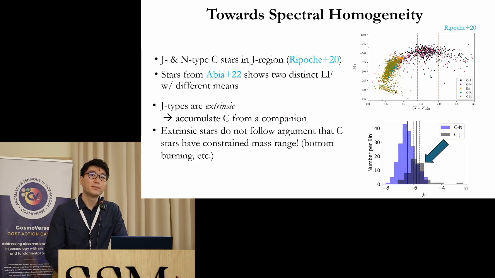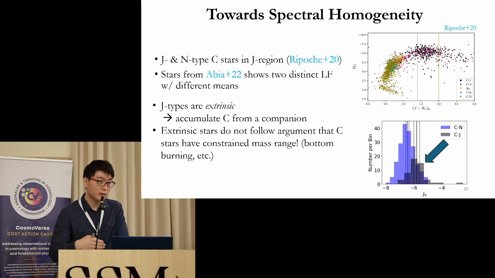It is difficult. There are certainly mock data sets that we can use for simple stellar populations, for instance, and maybe combine those. But ultimately, I would say that at the moment we don't have enough information to know for each galaxy what the fraction is of, for instance, these J-type carbon stars, these extrinsic carbon stars, or these N-type carbon stars. And so that is one approach that we can take.